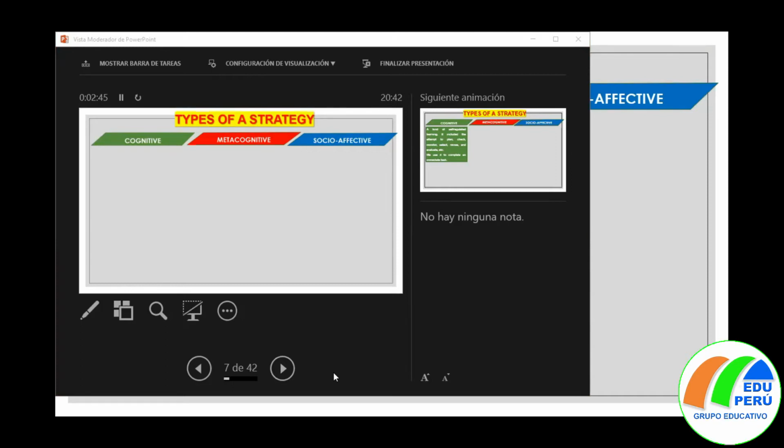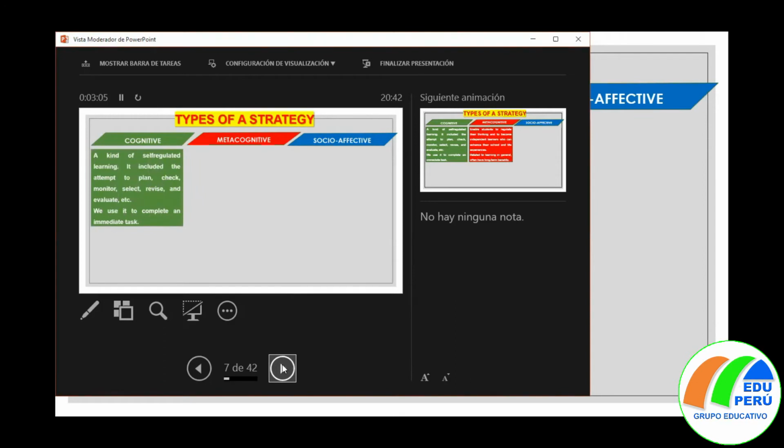Then we're going to see some examples and notice that we use these strategies a lot. As Vanessa said, these are related to learning, as I told you, conscious, a kind of self-regulated learning. It includes the attempt to plan, to check, to monitor, to select, to revise, to evaluate, etc. And we use this strategy to complete an immediate task.